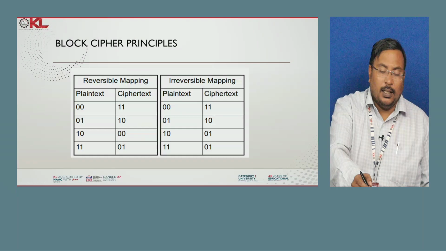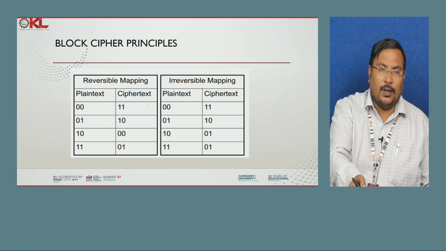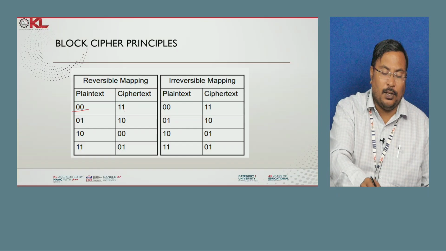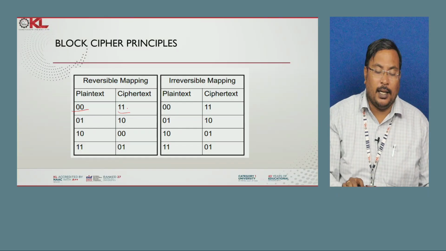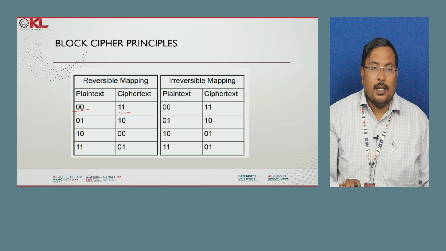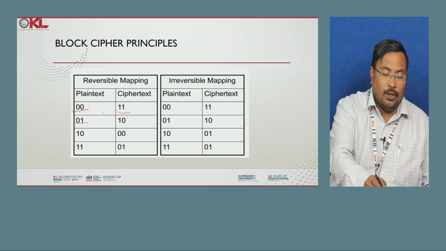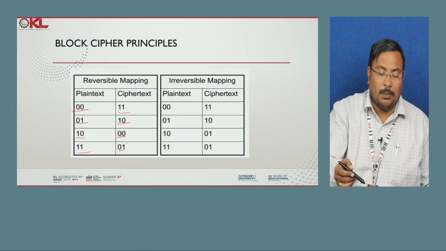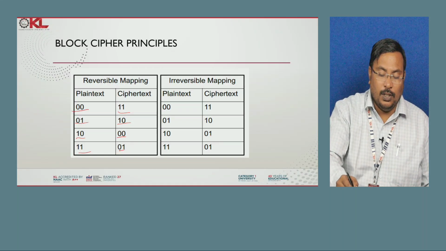And coming to this, this is the 2-bit block cipher principle. You give 2 bits as the plain text, and you generate 2 bits of ciphertext, and so on. 0 1, 1 0, 1 0, 0 0, 0 1, 1 0 1. If the ciphertext is 0 1, then where you are getting 0 1 is here.